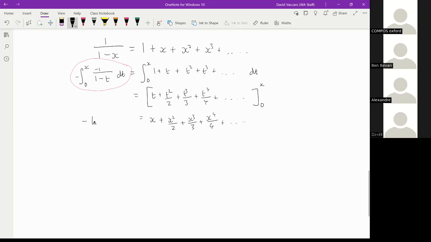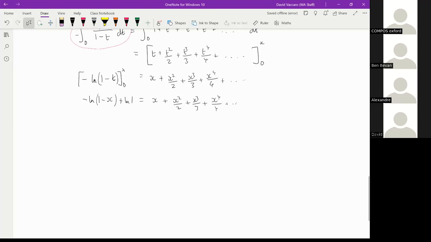So the integral is the natural log of the denominator, evaluated between 0 and x. So I get negative ln(1 minus x) plus ln 1, which is 0, is x plus x squared over 2 plus x cubed over 3 plus x to the 4 over 4 plus dot, dot, dot.